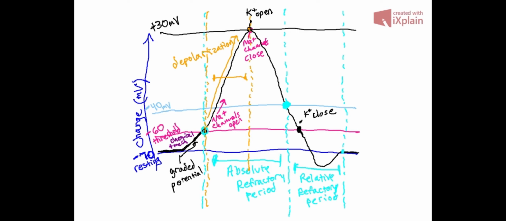All right, now the next section, from positive 30 until the potassium channels close right here, when it gets down to negative 60 again, let's draw a dotted line here. When it's going down right here, this is called repolarization.